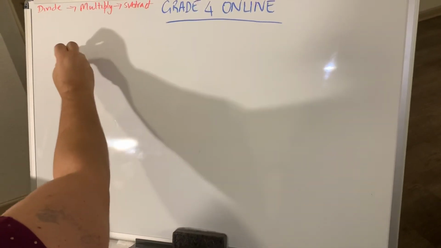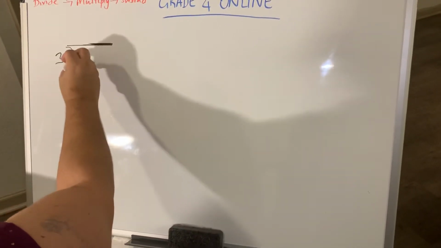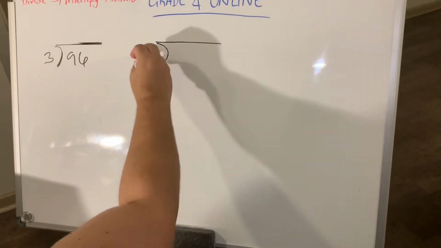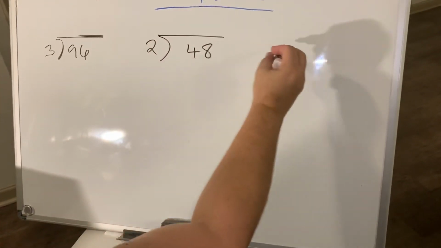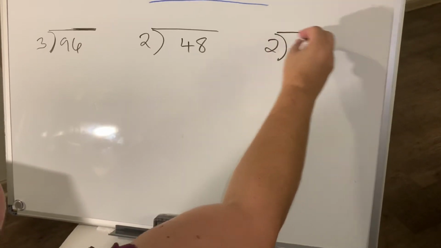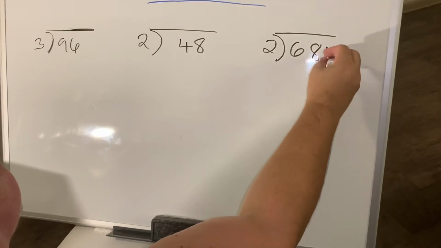Now we're going to do 3 into 96. We're going to do 2 into 48. And we're going to do 2 into 684.